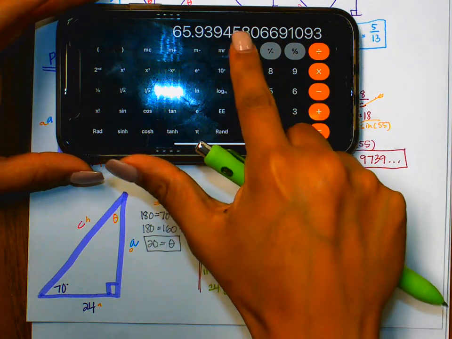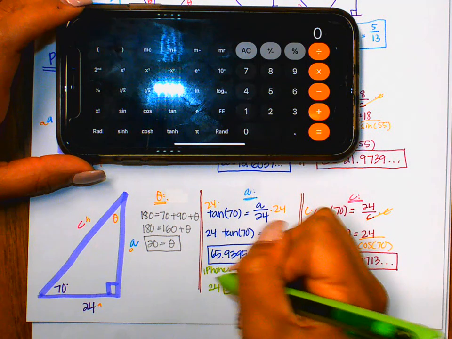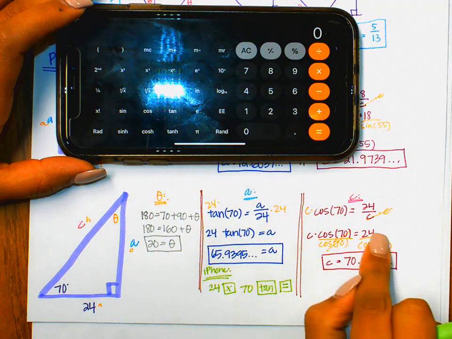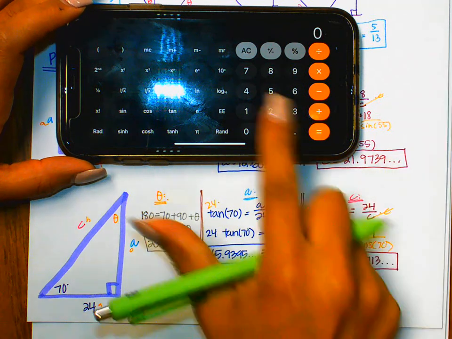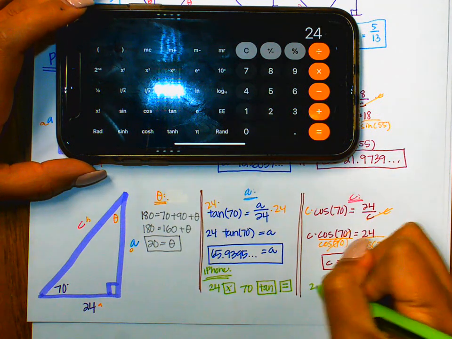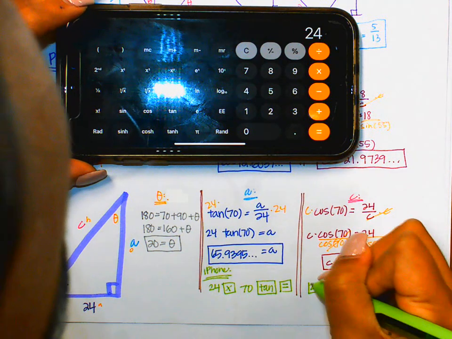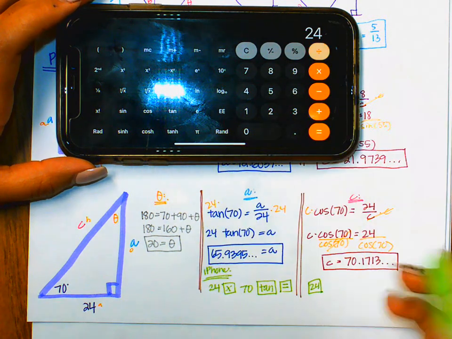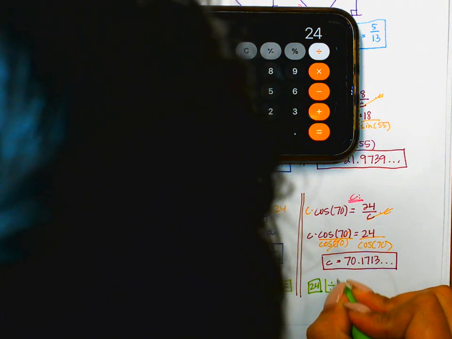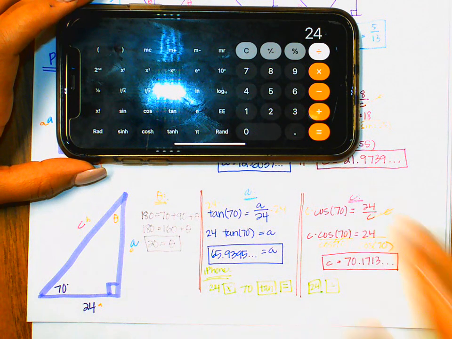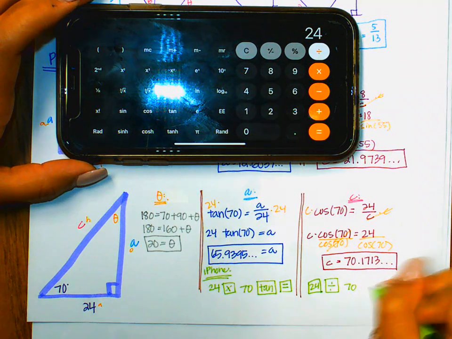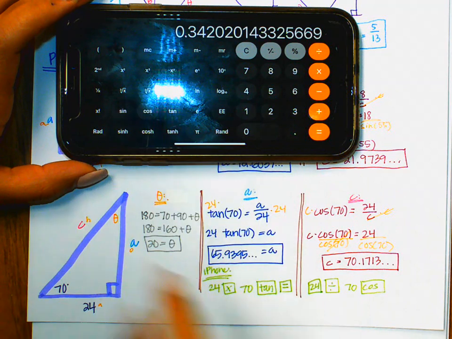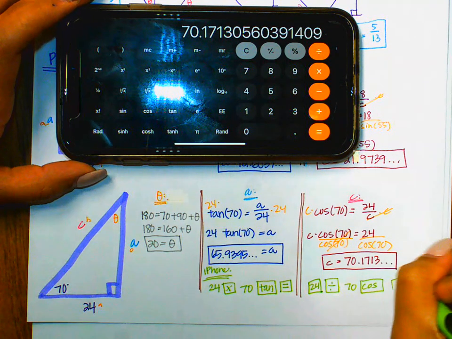And then lastly for this over here, I am going to do 24 divided by cosine of 70. So 24, oh, that didn't need a box, but 24 divided by 70 cosine, and then equal sign.